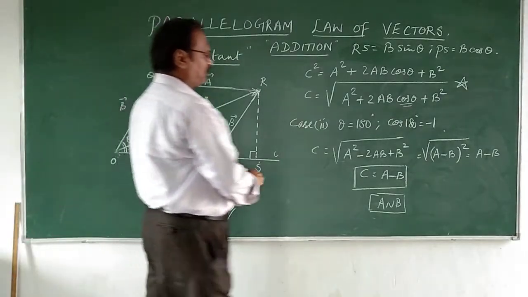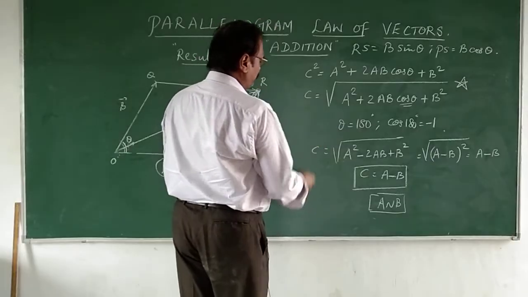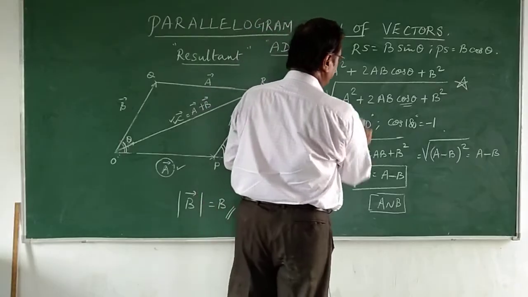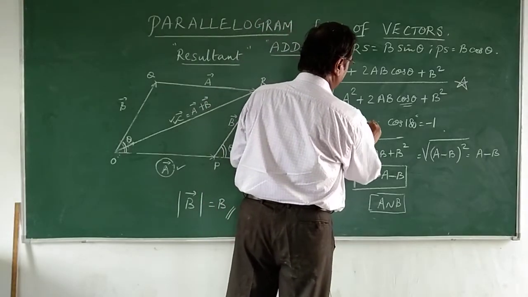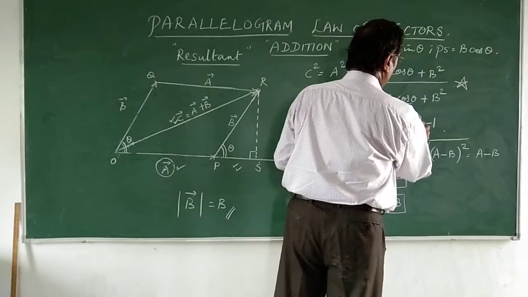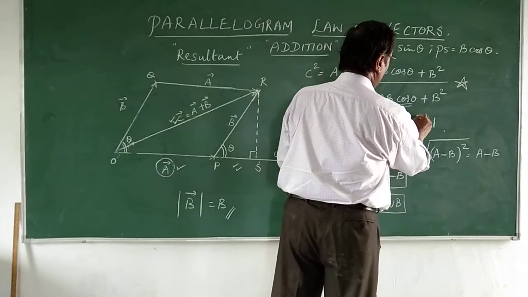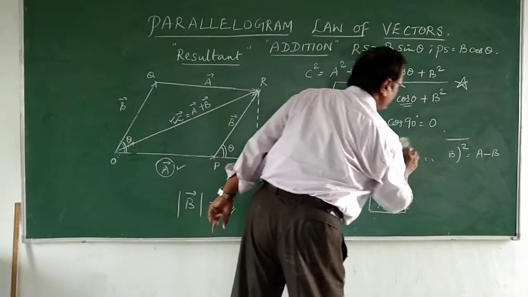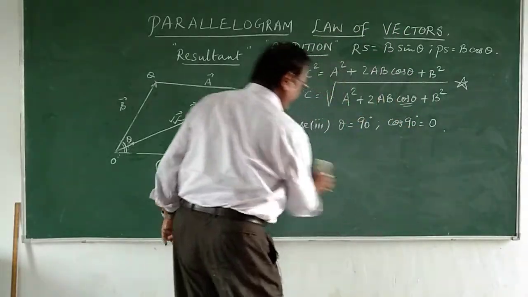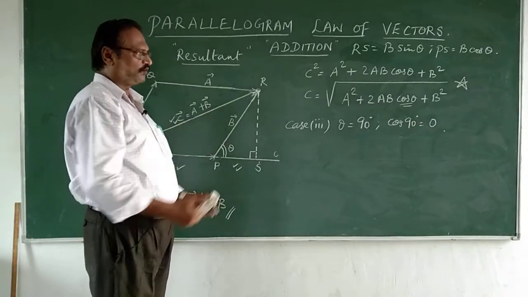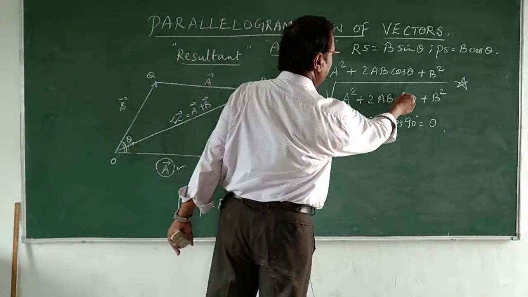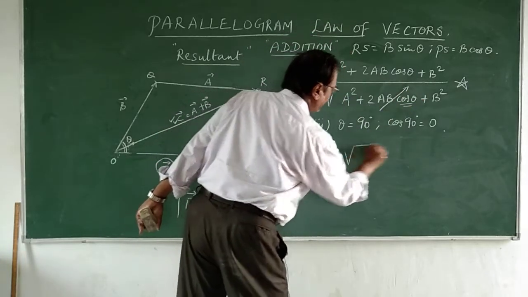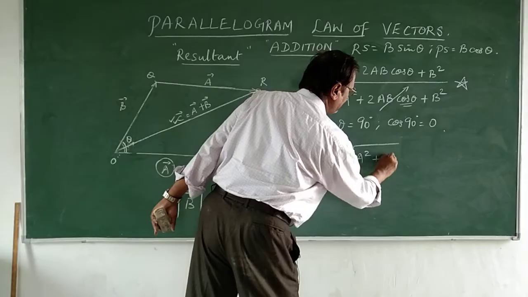This is going to be the last case, case 3, with theta equal to 90 degree. And what is cos 90? Cos 90 is 0. Now it's very simple. Let me just remove all these factors here because we have done the two cases, collinear and non-collinear. So this term totally gets off. So you get C is equal to under root A square plus B square.